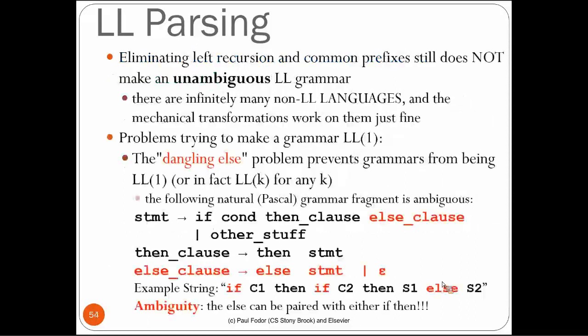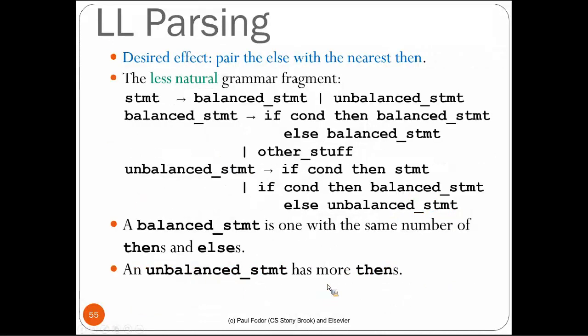So in our previous example, this else would correspond to the second if, not to the first one. We can write an LL grammar which is a little bit less natural, in which we prefer to have more balanced statements nested inside than unbalanced statements.